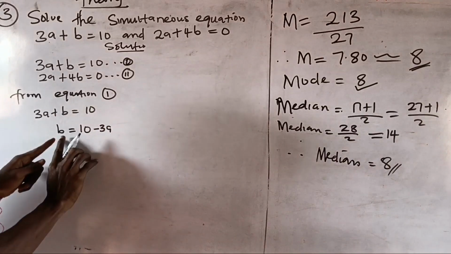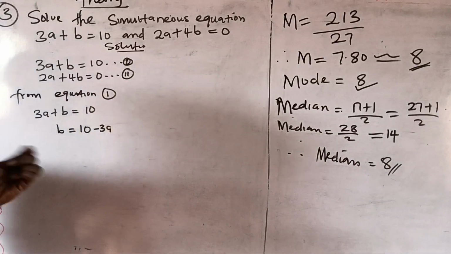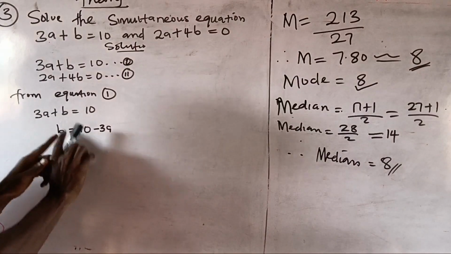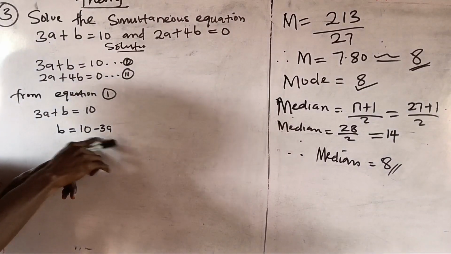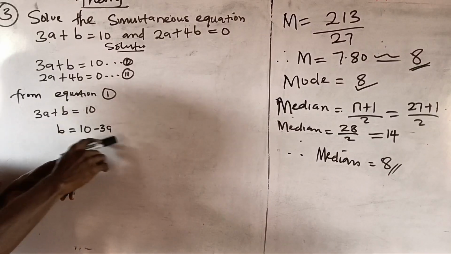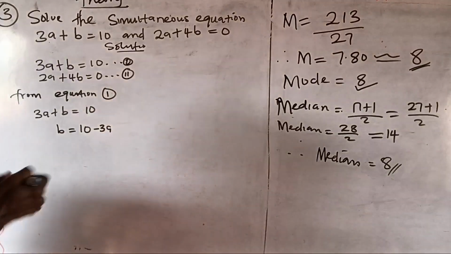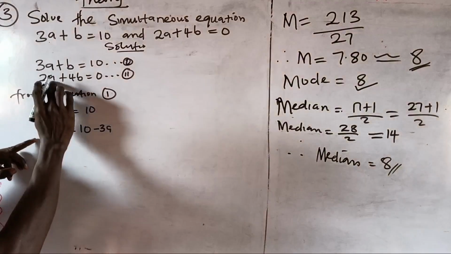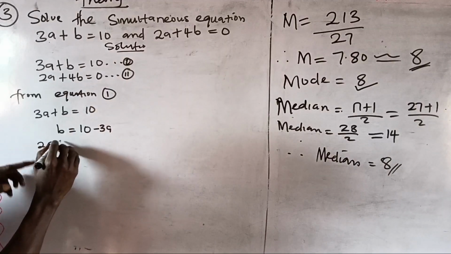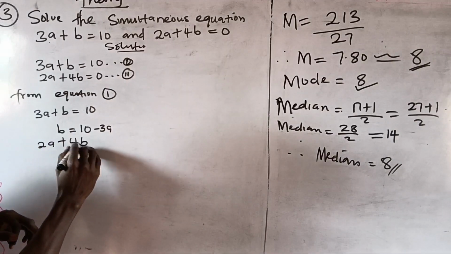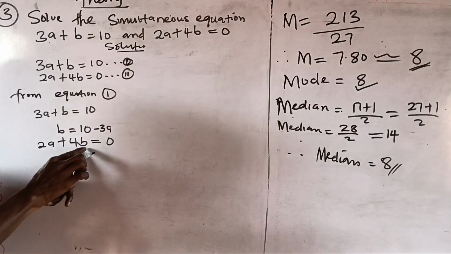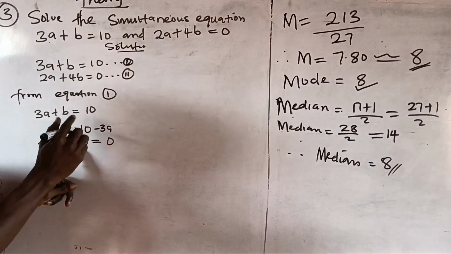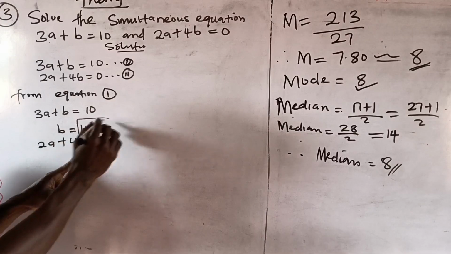Now I'm going to take the second equation. Anywhere I see b in the second equation, I will substitute it with this expression. Are you following? The second equation is 2a plus 4b equals 0. Now anywhere I see b, I put this value inside.